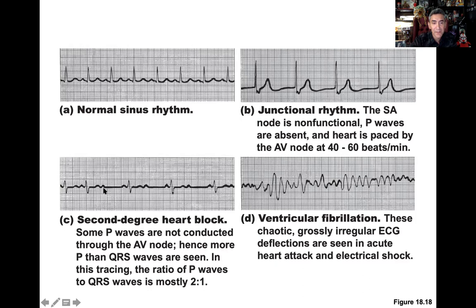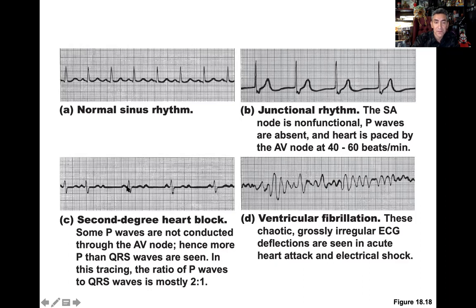Now I have a P right there, but no R spike. Another P, R spike. Okay, good. A P, no corresponding ventricular contraction, no R spike. P. So some of the P waves are making it through all the way. Some of them are not, right? So the atria is contracting at its own rhythm, but the ventricles are not getting the signal each time. So that's what we term heart block.